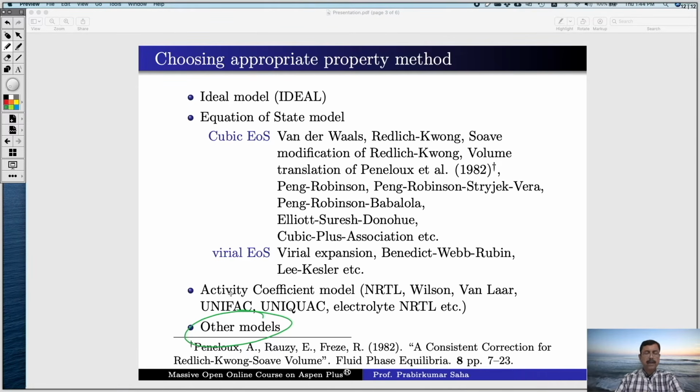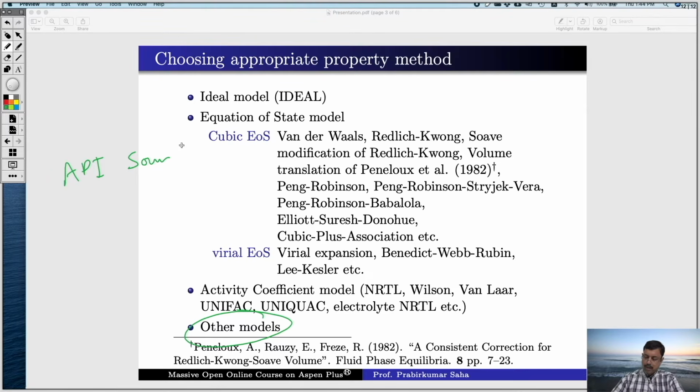Finally, the other models. There are still many other property models available, and they are classified as vapor pressure liquid fugacity models, and they find applications in many specific processes. Among these models are the API sour model, and it is developed for sour water treatment applications.